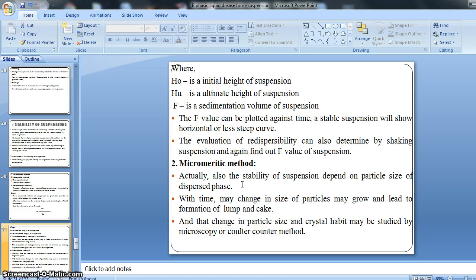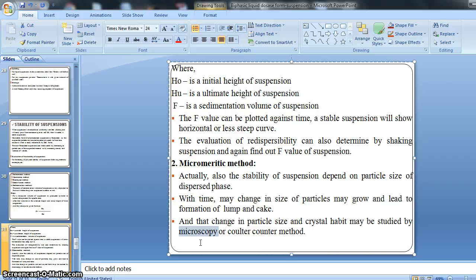By using microscopy and the counter method, we can determine the size of our particles; that falls under the micromeritic method. Microscopy means our simple microscope, by which we can visibly determine the size of our suspended particles.